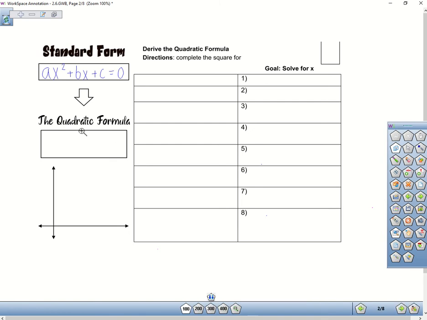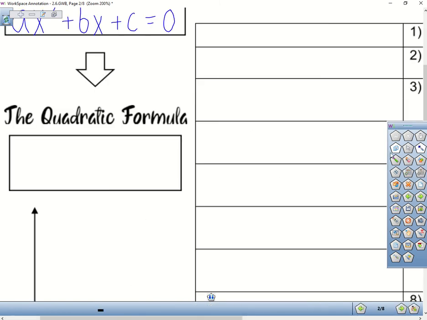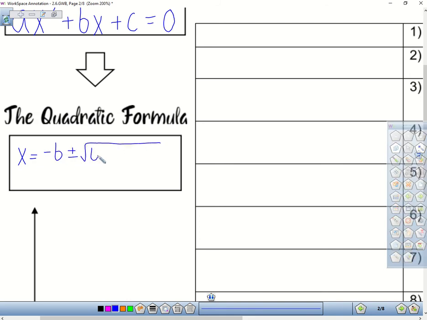Now, the quadratic formula is x equals negative b plus or minus the square root of b squared minus 4ac, all over 2a. So how many people in here have seen this formula before?